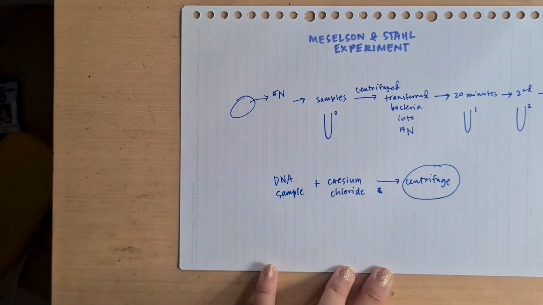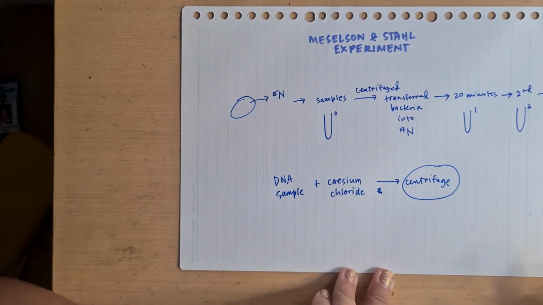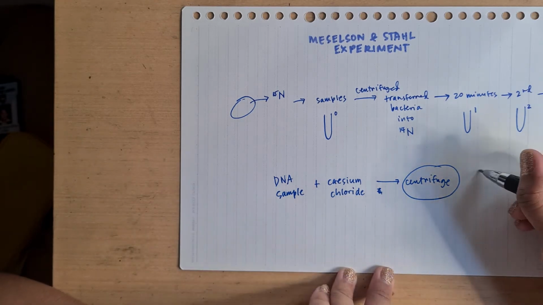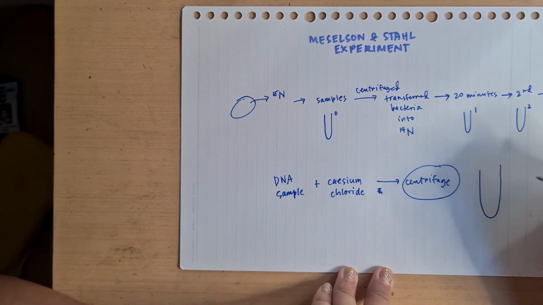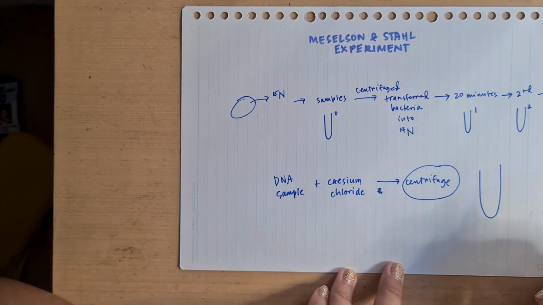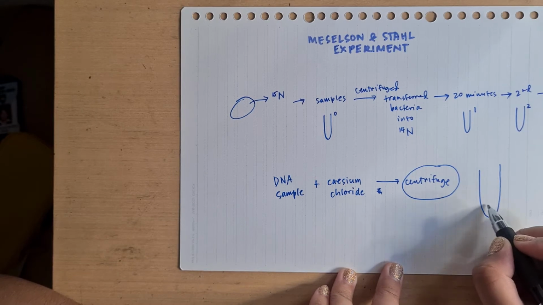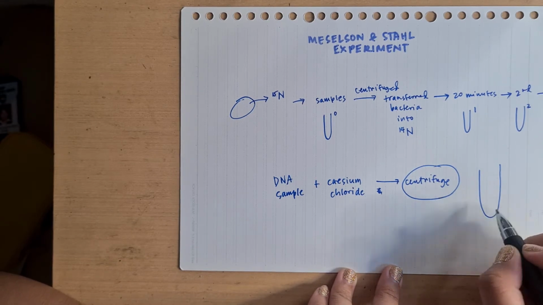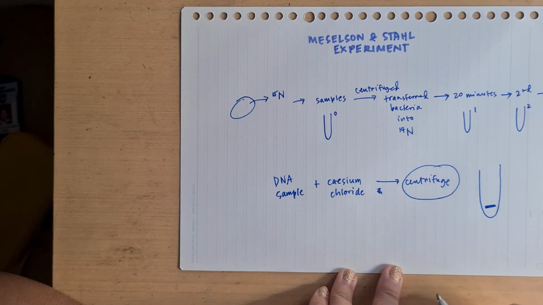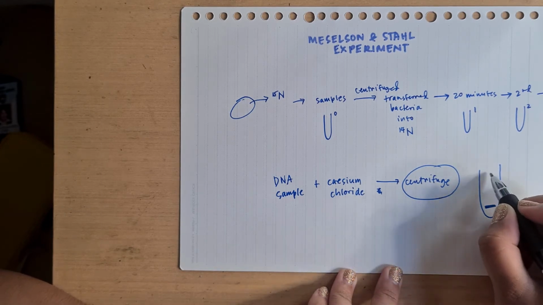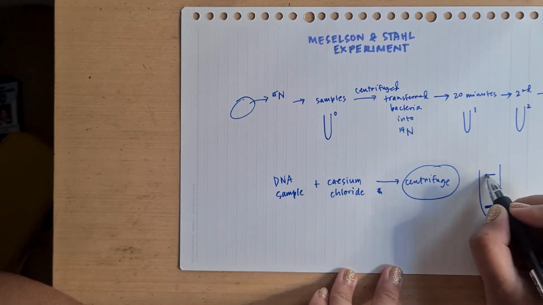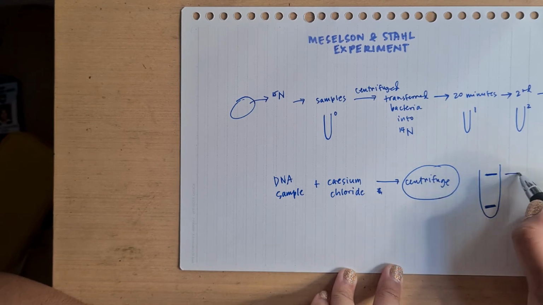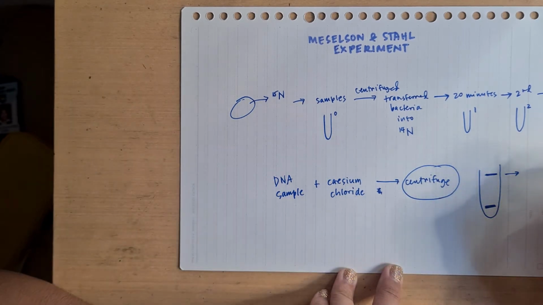The centrifuge is important here because, depending on how heavy the nitrogen present is, it will have a specific place in the test tube. Since nitrogen 15 is obviously heavier than nitrogen 14, nitrogen 15 will be present at the bottom, while the nitrogen 14 would be present in the upper portion of your sample.